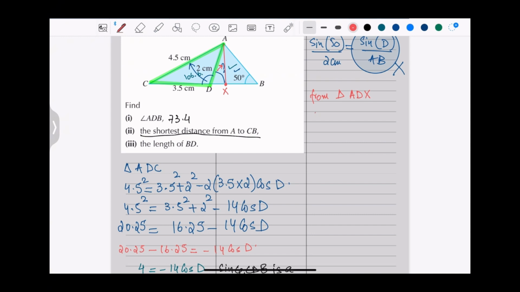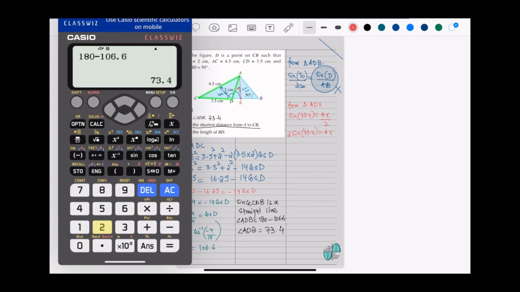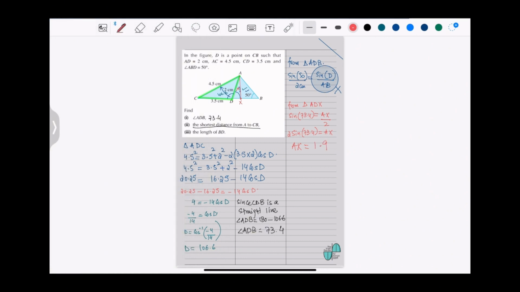So sine of angle 73.4 is equal to opposite, which is AX over 2, and 2 sine 73.4 is going to be AX. So AX, or the shortest distance, is 1.9 centimeters.